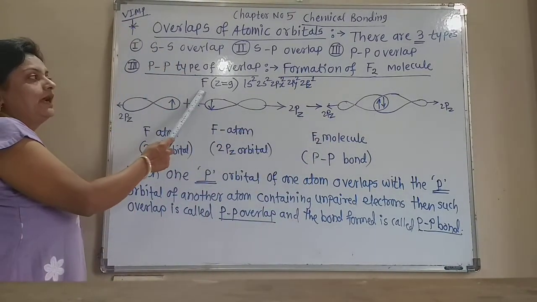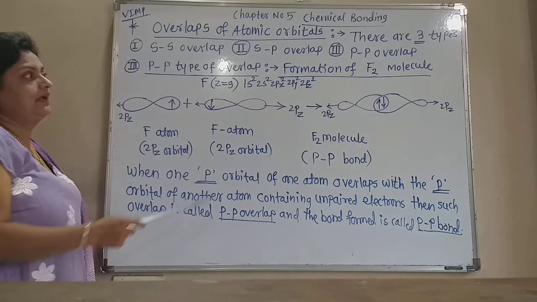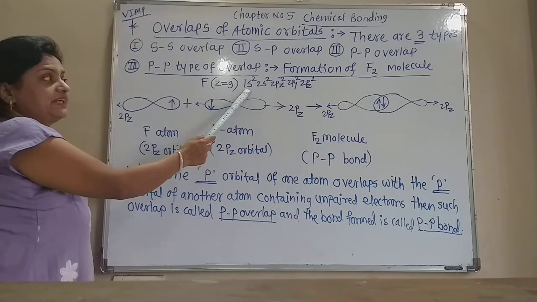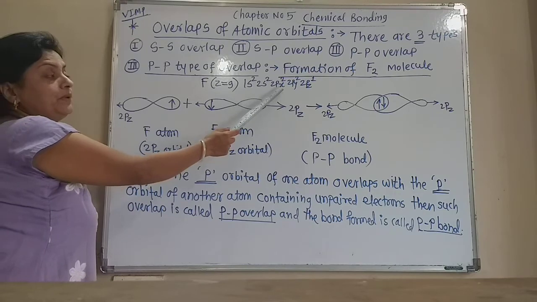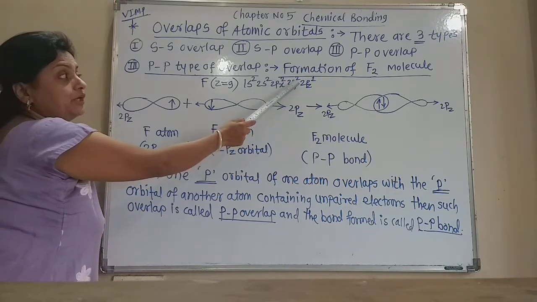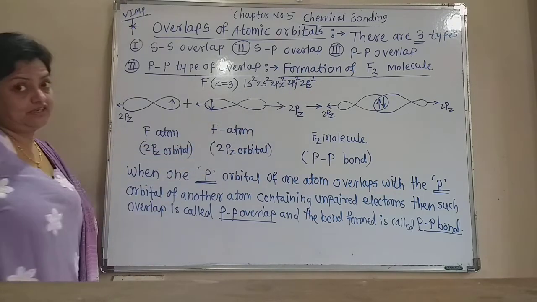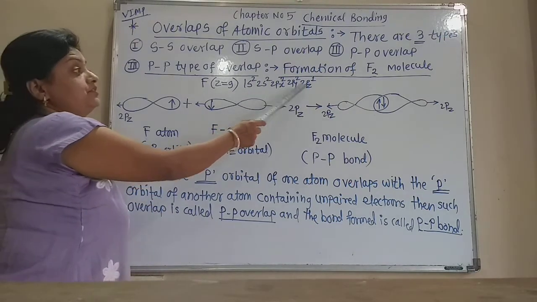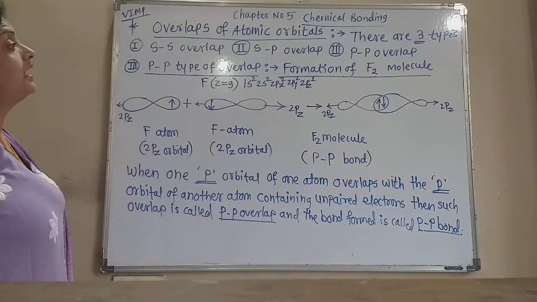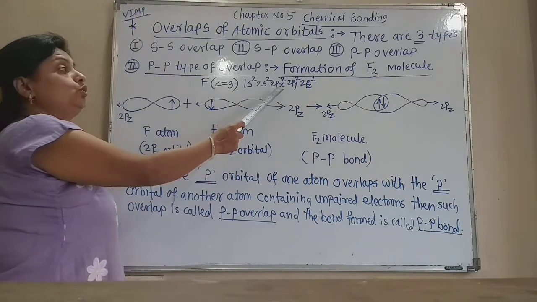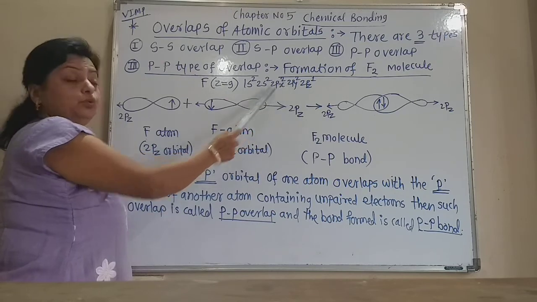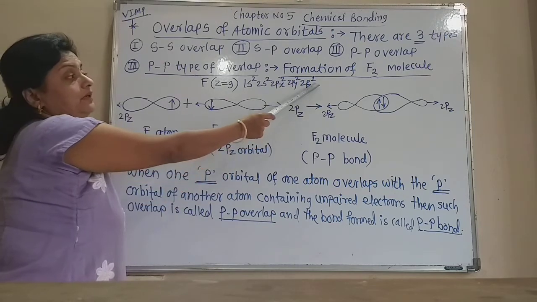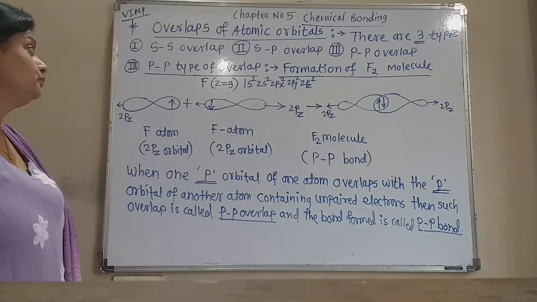Fluorine, with atomic number 9, has the electronic configuration 1s2, 2s2, 2px2, 2py2, 2pz1. Now there are 5 electrons in the 2p orbitals, and the x, y, z p orbitals are there, where the x and y orbitals contain 2 electrons each, and the z orbital has only 1 electron, the 2pz orbital.